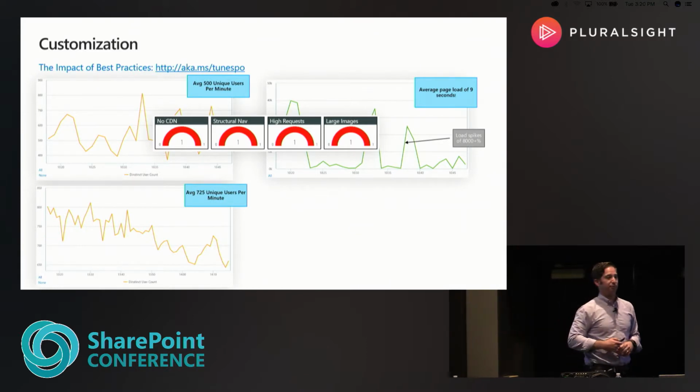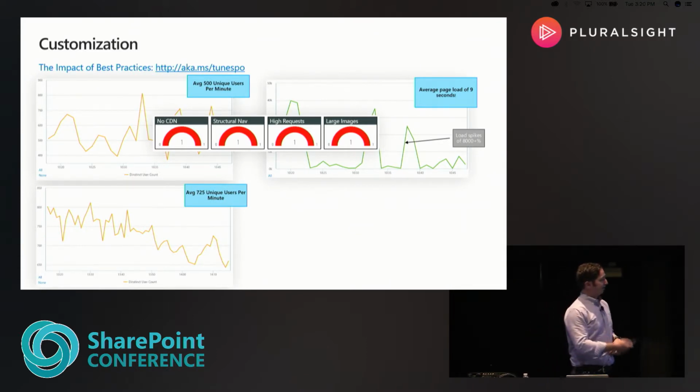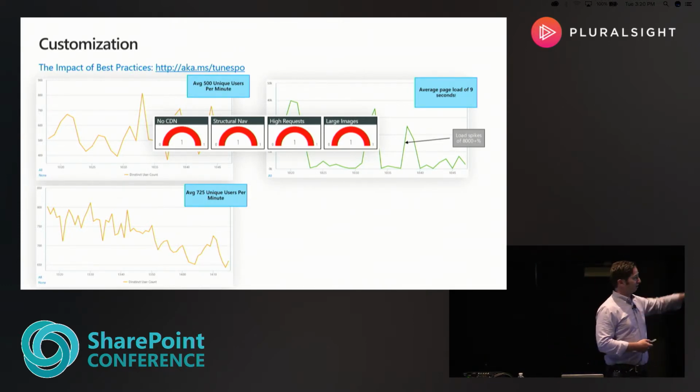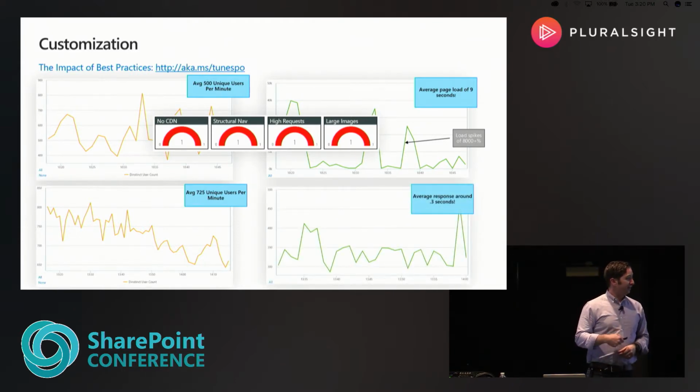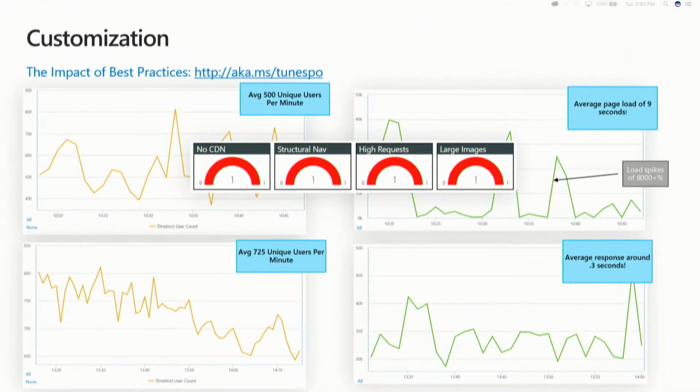As a proof point, I found another site, though I couldn't find one quite the same size. This one's a little bit larger, 725 unique users per minute, with a more consistent load pattern. They consistently see between 300 and 400 milliseconds of load. Yes, there's a spike, but it goes from 0.3 seconds to 0.4 seconds.